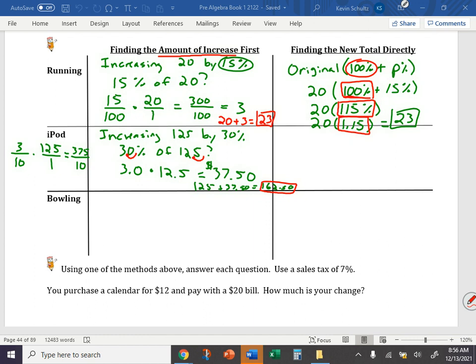So again here we're finding that increase first, the markup, and then adding that to the original price. Using our formula, the new total directly, we've got original, right, which is what?